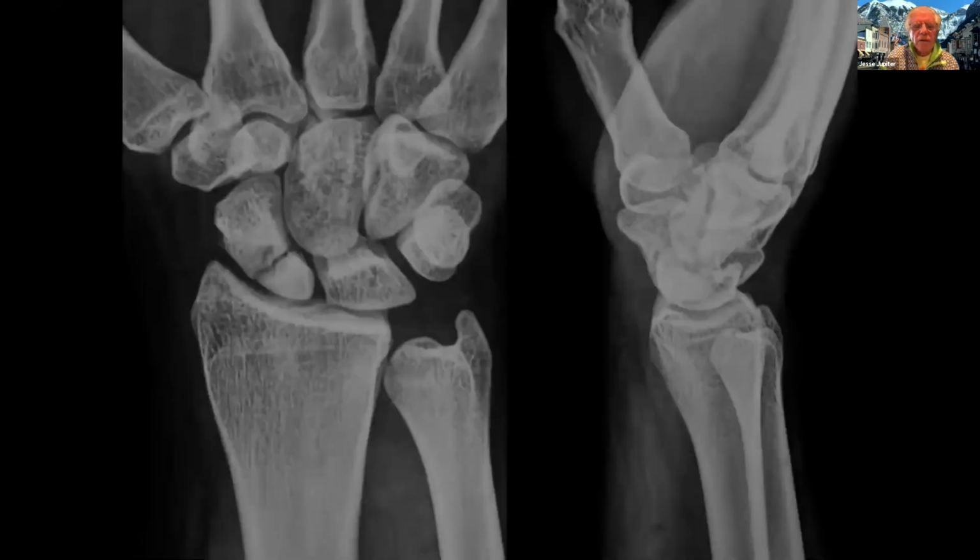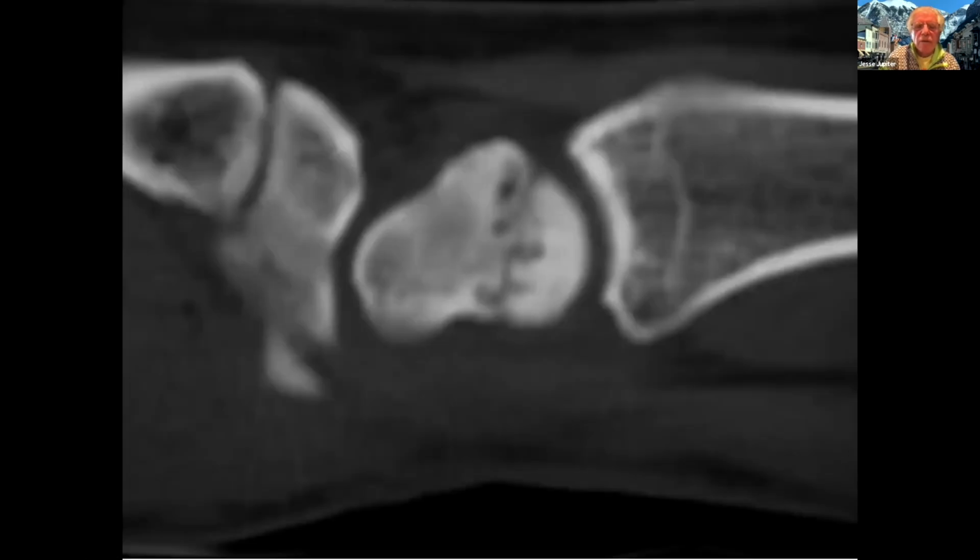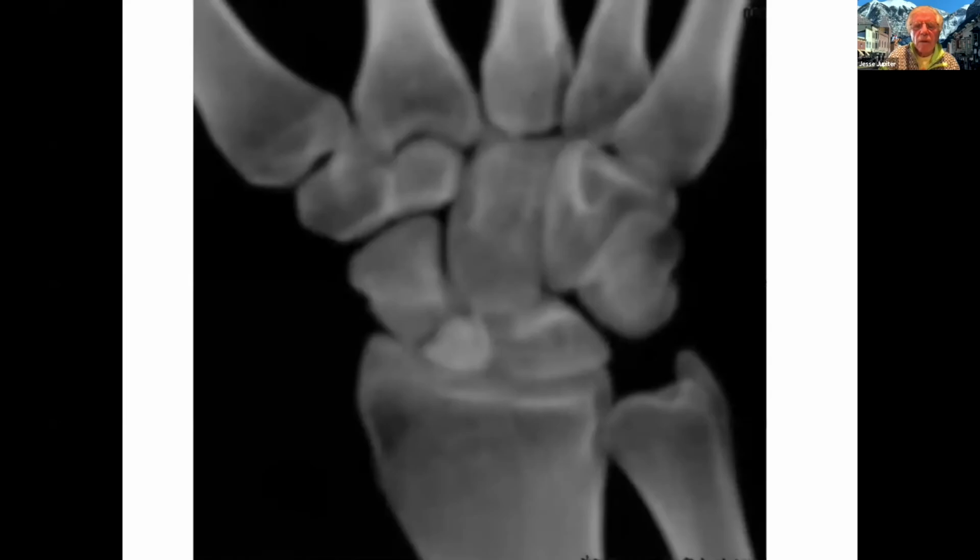And his x-rays showed exactly what Dr. Blazer was showing, where there's a suggestion of avascularity or radiodensity, but rarely are these truly avascular. And you can see on the CT, there's a little bit of a dorsal osteophyte, but the alignment is reasonably within normal limits, and another CT view.